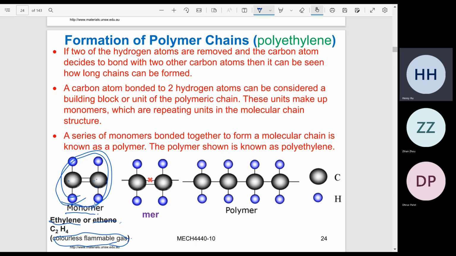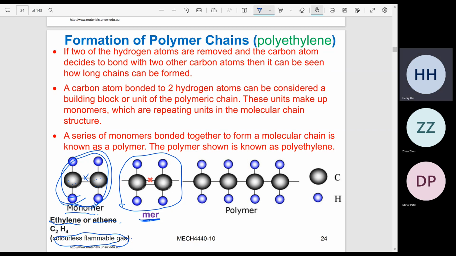So somehow you break one of those double bonds connecting these 2 carbon atoms, and now you have a structure that looks like this. This is what we call the mer. So don't be confused by these 2 different concepts: what's called a monomer, and what's called a mer.